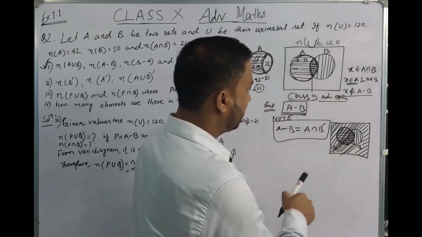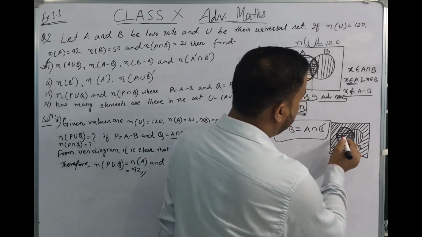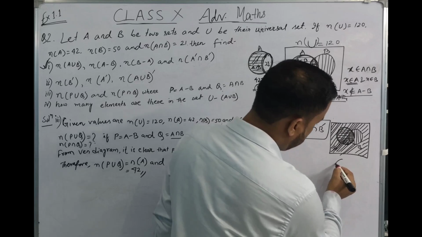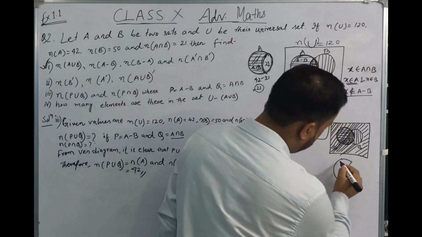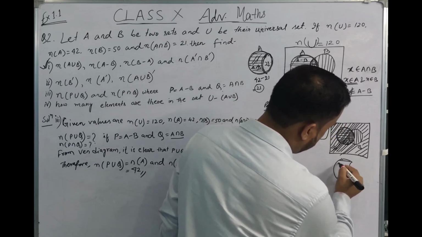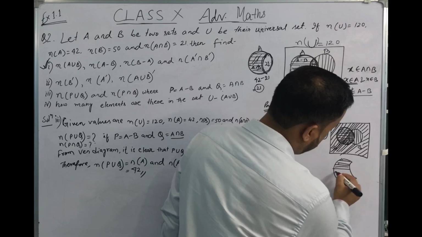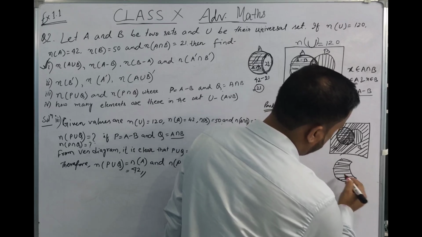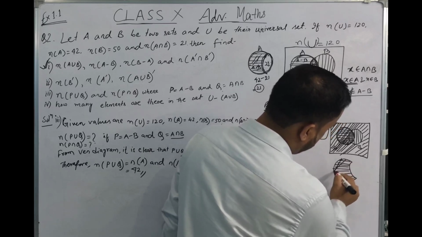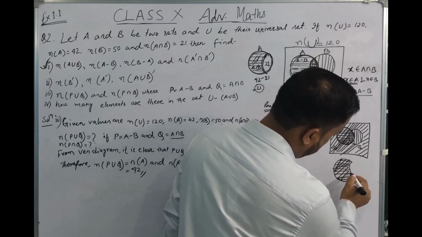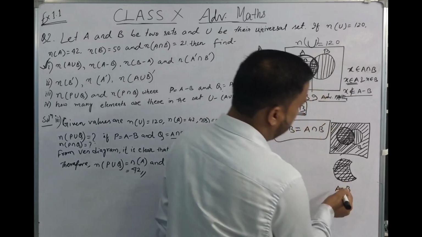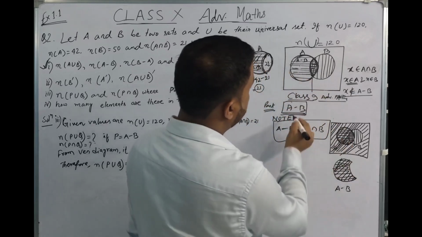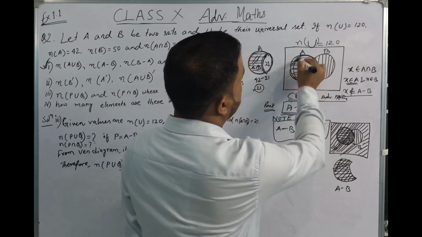You see this A difference B, this part. This is what? This is actually A difference B. Actually this part is what? A difference B. This is the A difference B part.